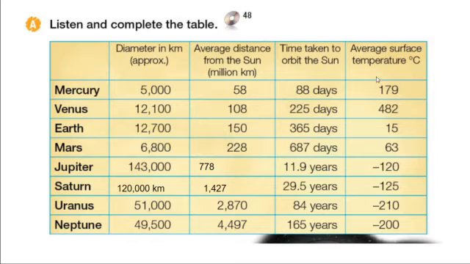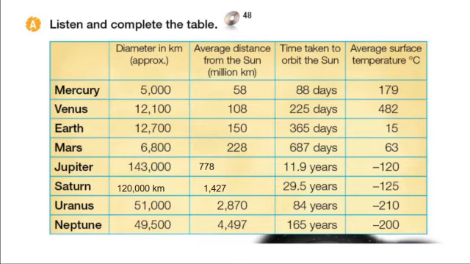Average surface temperature 482. Very good. La temperatura 482 grados centígrados. El tiempo de dar la vuelta a la órbita del Sol 225 días. La distancia desde el Sol hasta el Sol 108 kilómetros. Y el diámetro 12,100 kilómetros. Very good. Okay, my dear student, congratulations for your job.